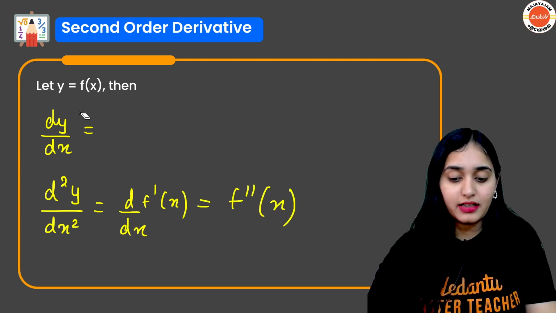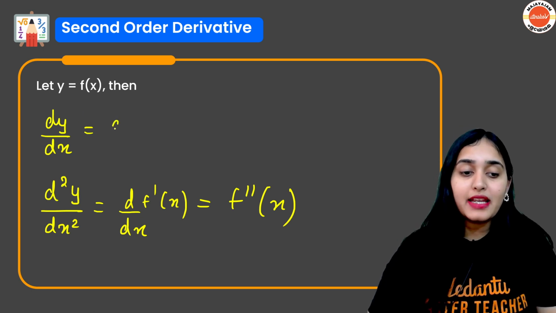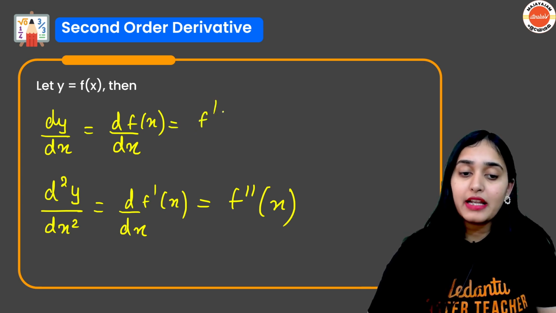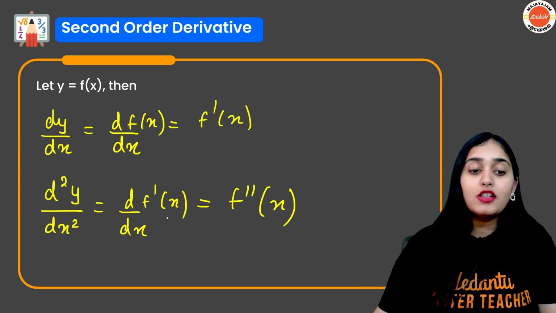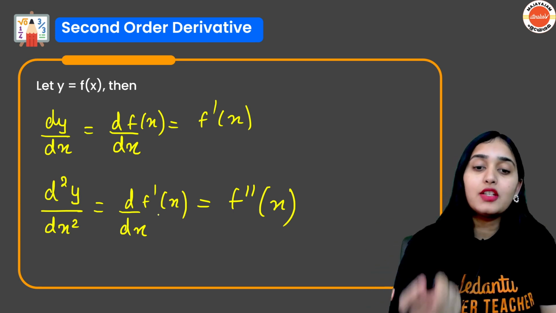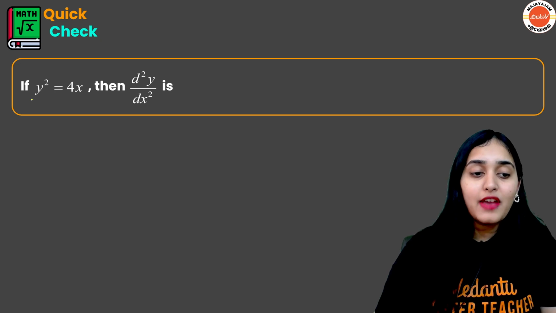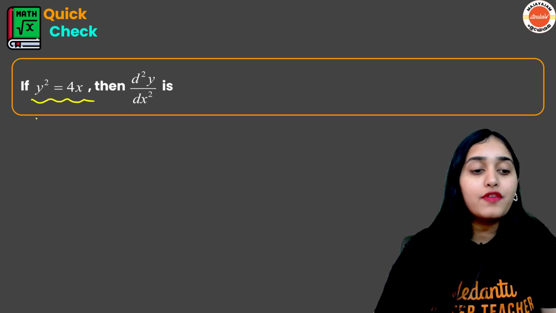Here also let me write it step by step. dy by dx is basically differentiating f of x. If you differentiate f of x, you get f dash of x. Here also if you differentiate f dash of x, you get f double dash of x. Example, suppose you have y square is equal to 4x.